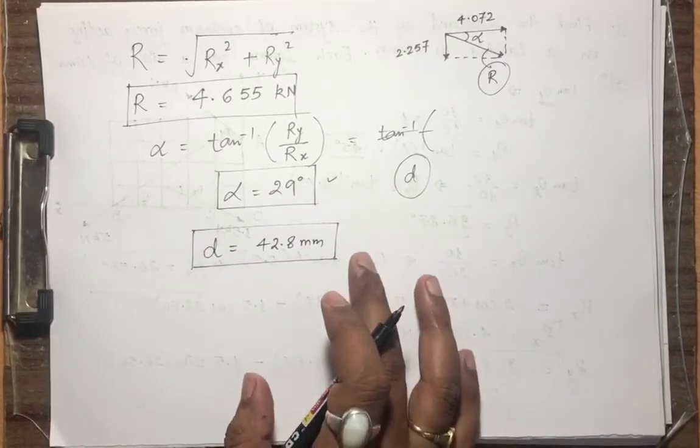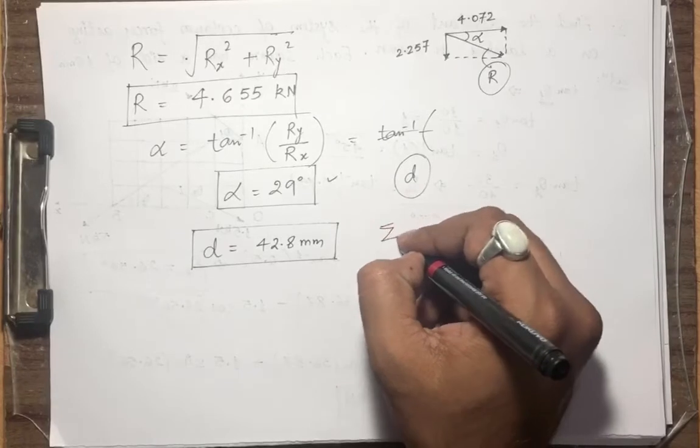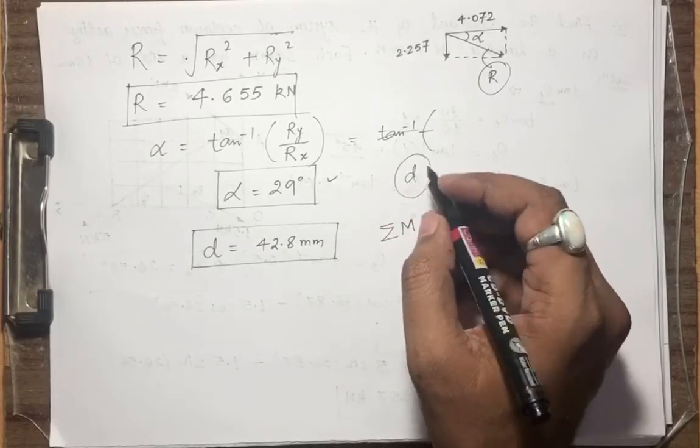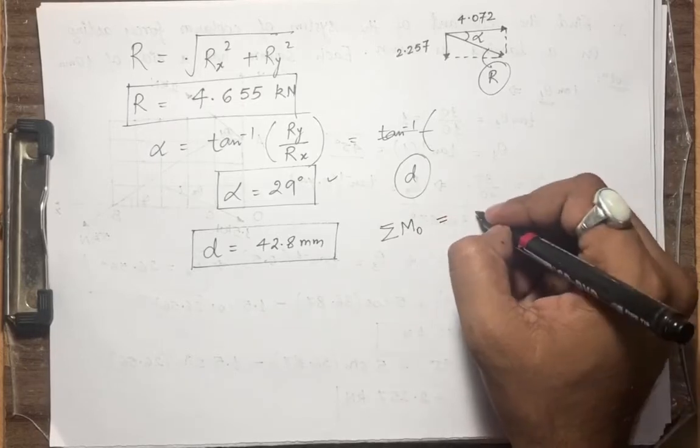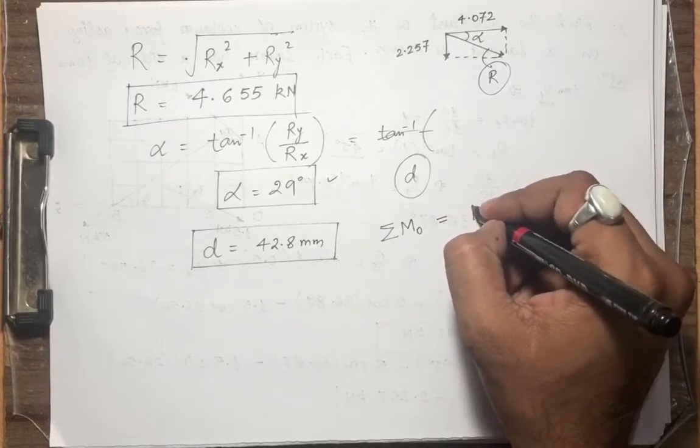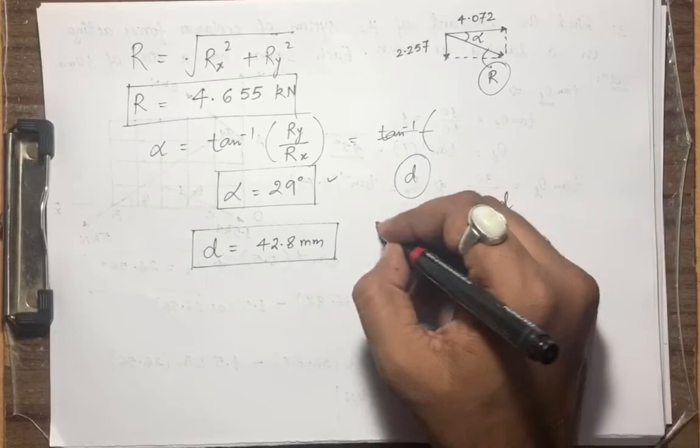Please solve this. What you have to do, I am just telling: take the moment about point O, and that moment will be equal to R into d.